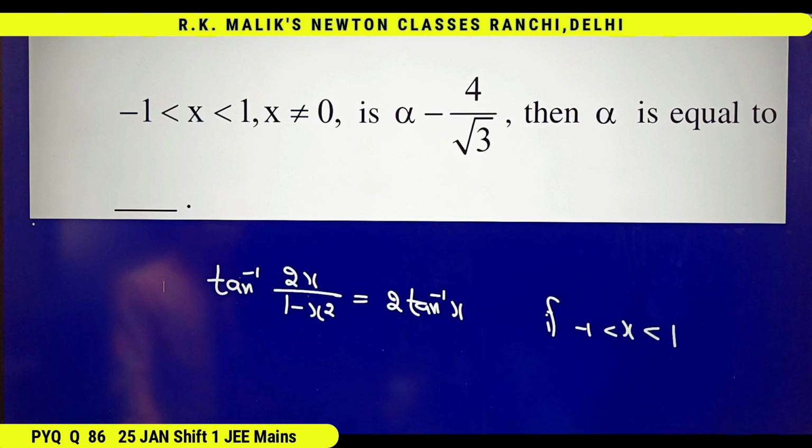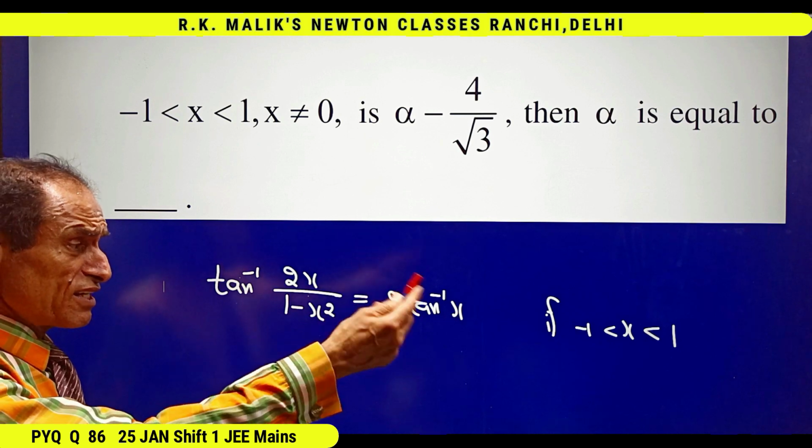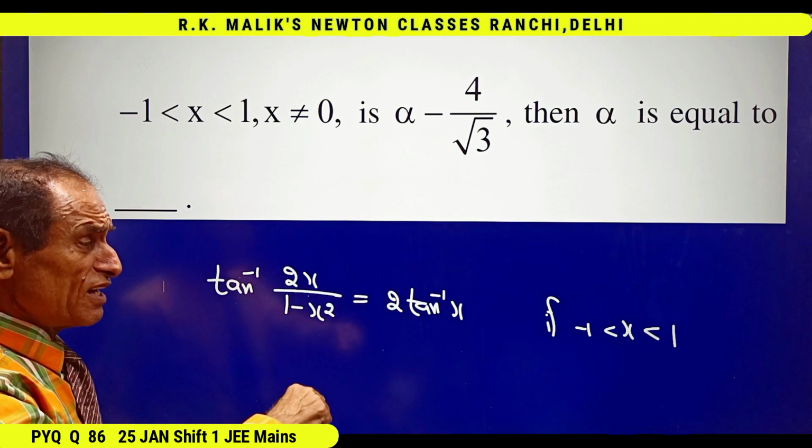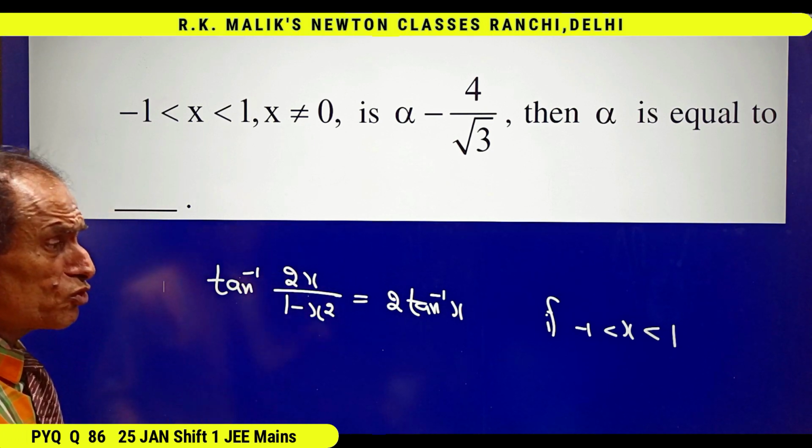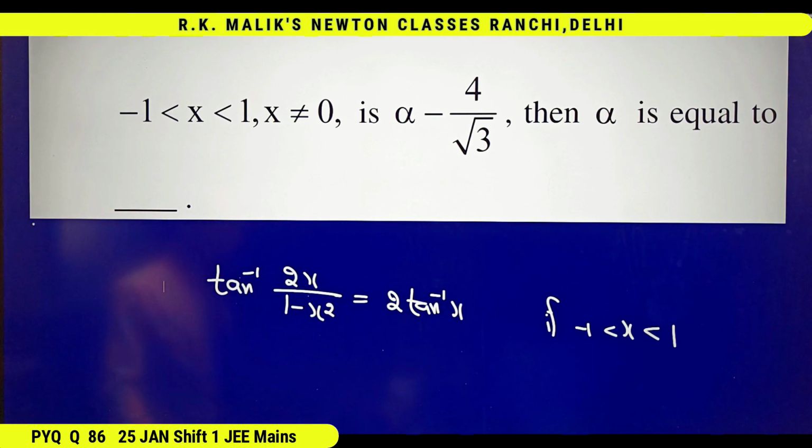But if you see my video lecture of inverse trigonometry, I have explained the way of dealing with questions of x greater than 1 or x less than -1 very easily without even using the formulas. What are those tricks that are explained in my video lecture of inverse trigonometry of JEE level?